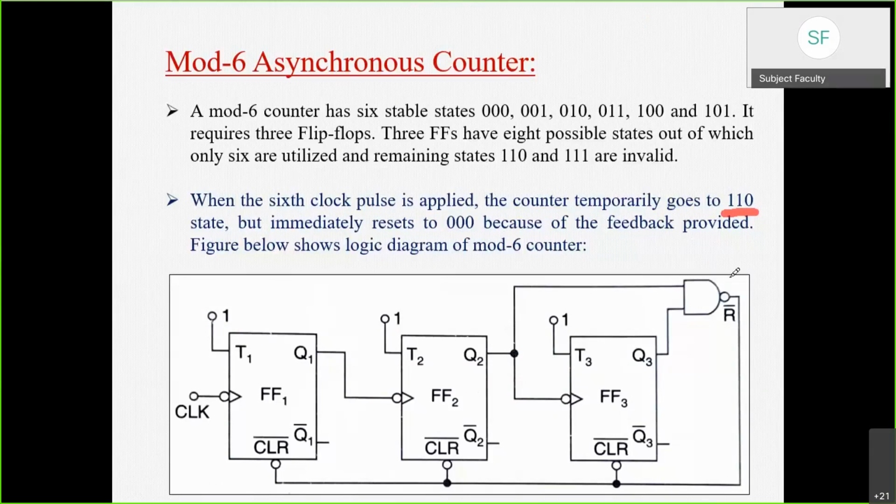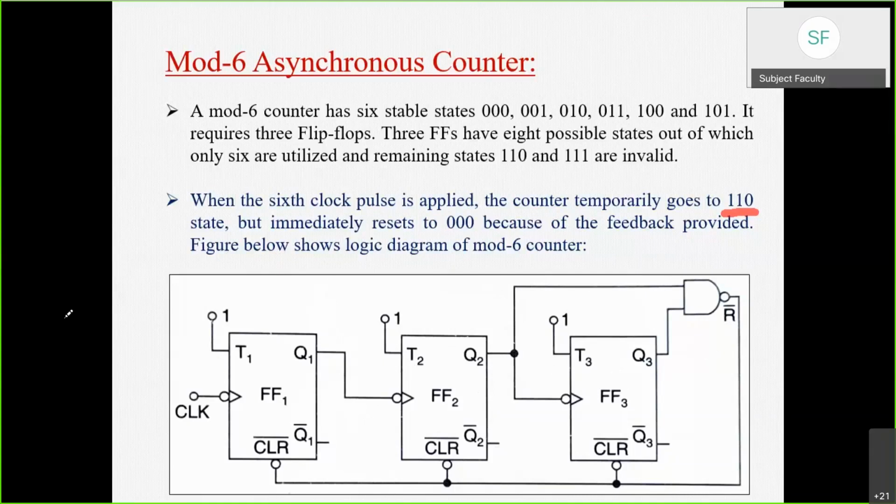This additional circuit is nothing but the feedback circuit. Due to this arrangement, after the 6th clock pulse arrives, all the flip-flops will reset themselves.